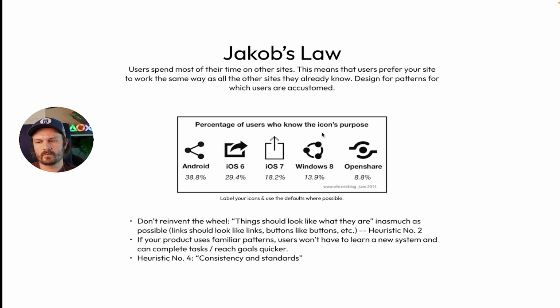And the design specs state that somewhere in the design, you need to integrate a share button. So what would be wise is to use the icon that is most familiar to the users given the operating system. In this scenario, that would be the default Android share icon.